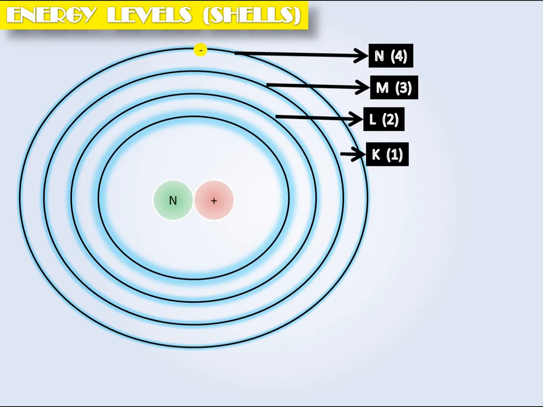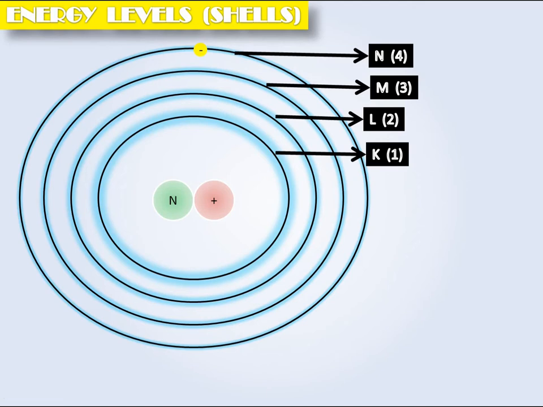These things that you see right here are just different names of the energy levels. So the lowest energy level, which is K, is known as energy level 1. In fact, we use the numbers to represent them more often than we use the letters. So K, L, M, N, it goes up like that, then O, then the rest.